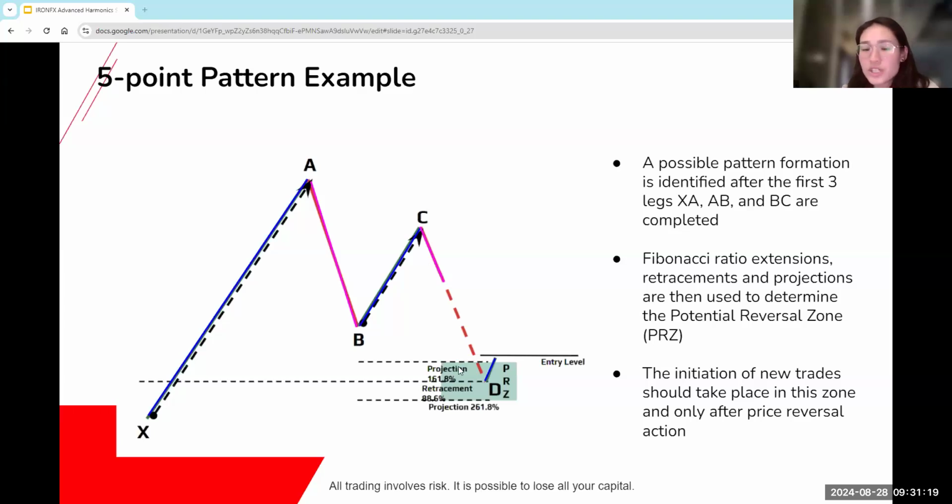So price hits down, is attracted to the area, and then bounces off. It's kind of that same concept. All harmonic patterns have a clearly predefined PRZ. The initiation of new trades should take place in this zone and only after price reversal action.